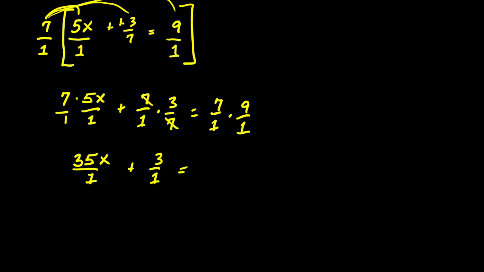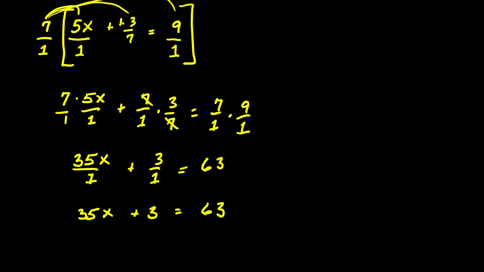And multiplying fractions, we multiply straight across. So I have 63. For the time being, I can get rid of those denominators. 35x plus 3 equals 63.